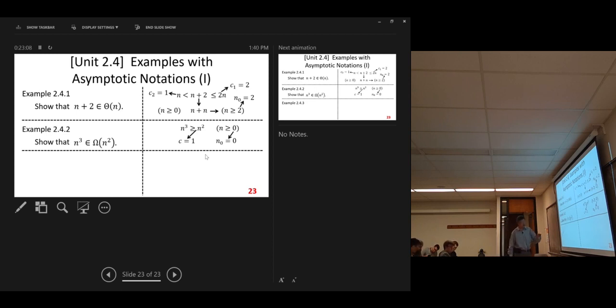Can you find the upper bound? Can you find a constant C times n squared greater than n cubed? Is it possible to get an upper bound? Can any constant be greater than n?